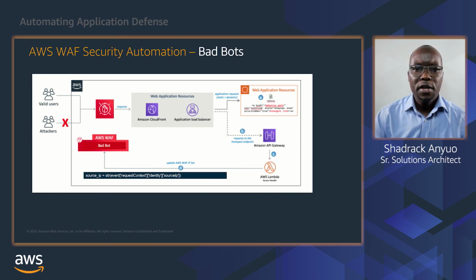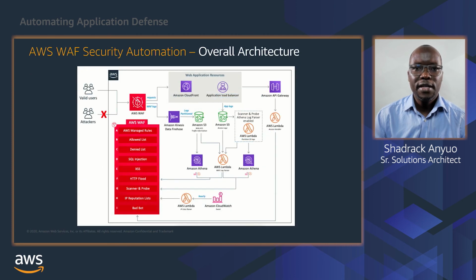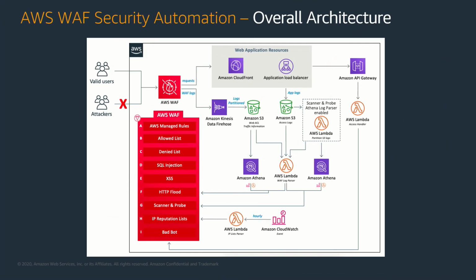We have looked at 4 ways by which you can use WAF to automate application threat mitigations. All the above use cases can be combined into a single overall architecture. And at the core of this architecture is AWS WAF Access Control Lists. AWS WAF Access Control List acts as the central inspection and decision point for all incoming requests to the web application.